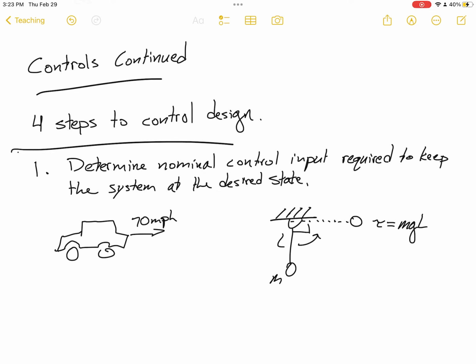But unfortunately, the world is not perfect, and we need more steps. We need 3 more steps.